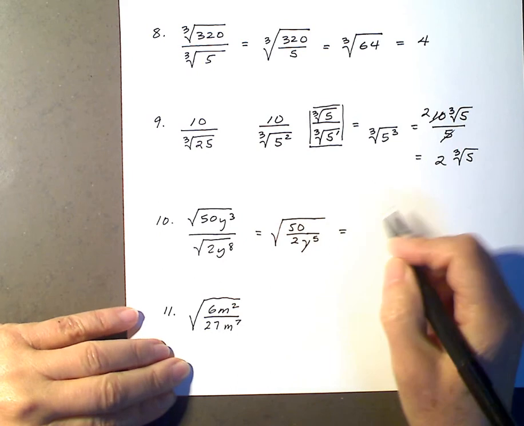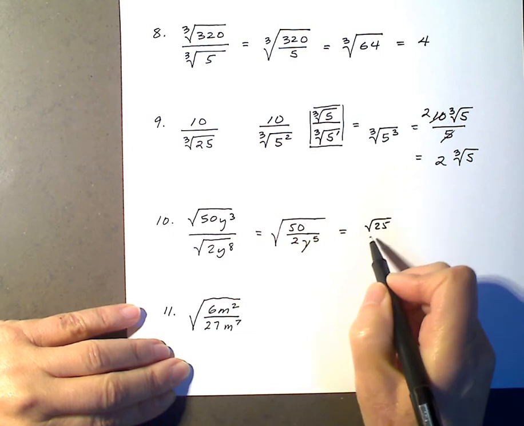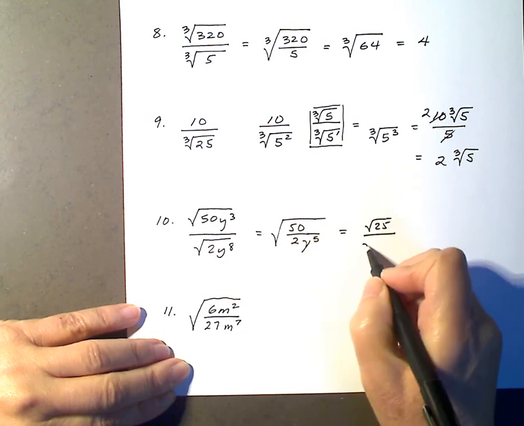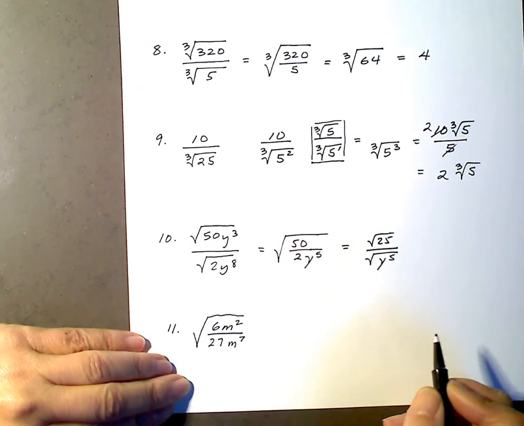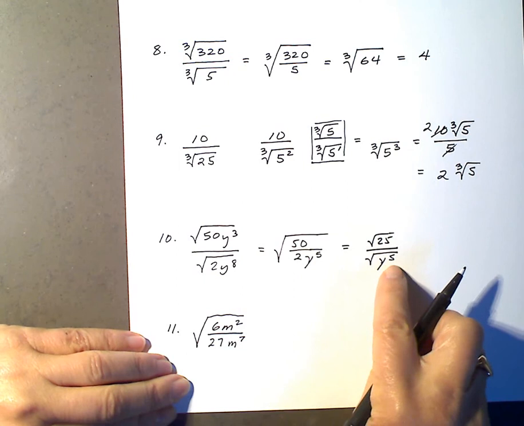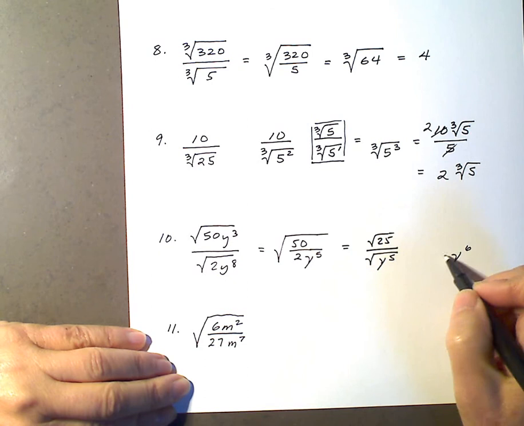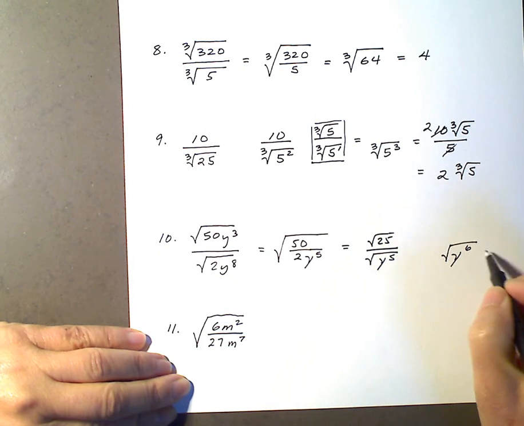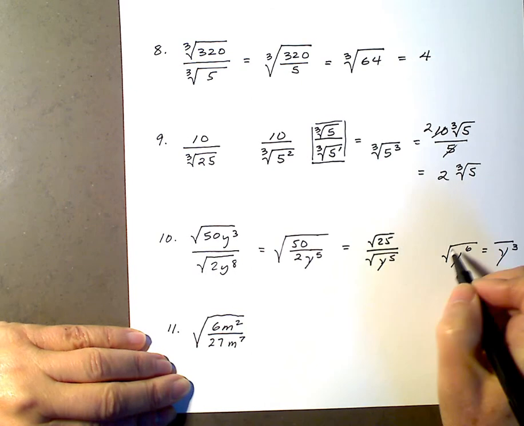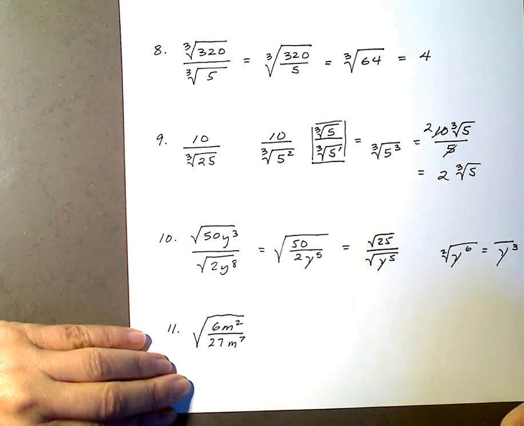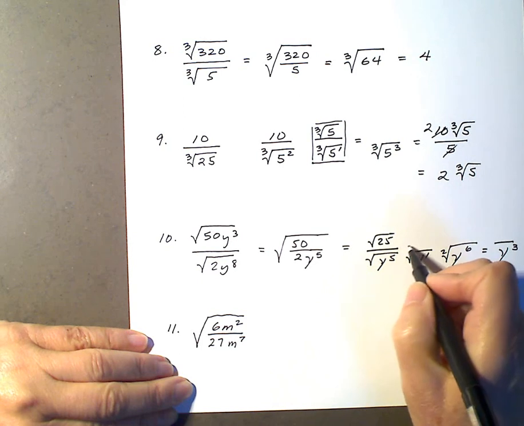So this would be a square root of 25 in the numerator over the square root of y to the fifth. Now, instead of simplifying this, I just need an even power of y to be able to get a perfect square. So if I want to get a y to the sixth, the square root of y to the sixth, to get a y to the third out in that denominator, I need 1 more power of y, just a square root of y to the first.